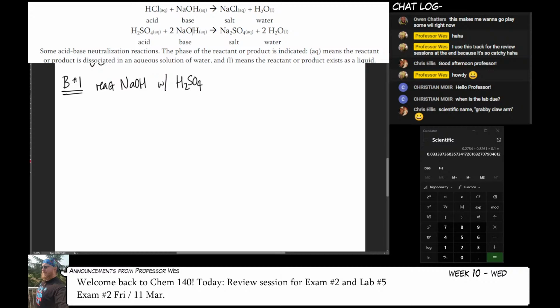The reaction for that is shown at the top of the screen there. And here's what that's going to look like visually. So here's my buret, which I realize looks like a giant pencil. That's okay.